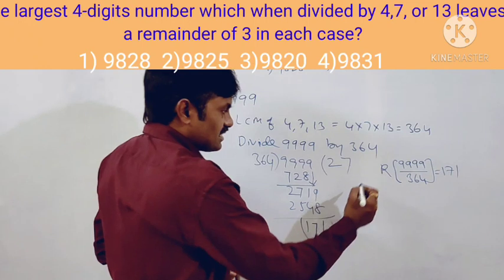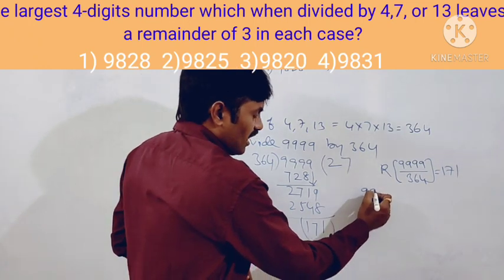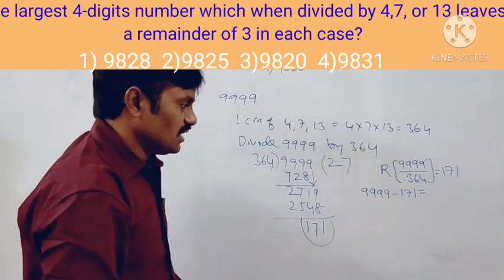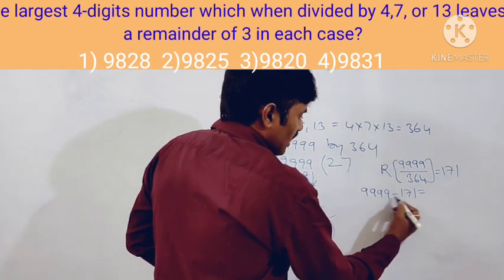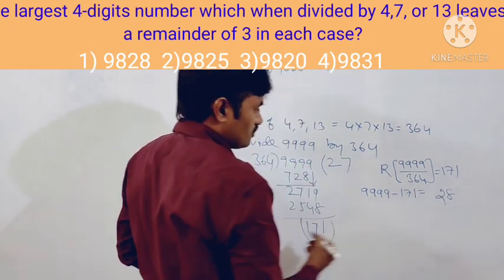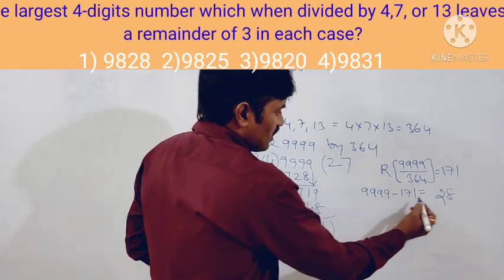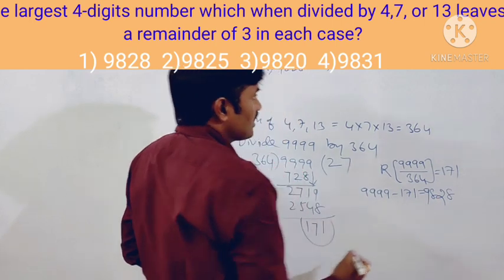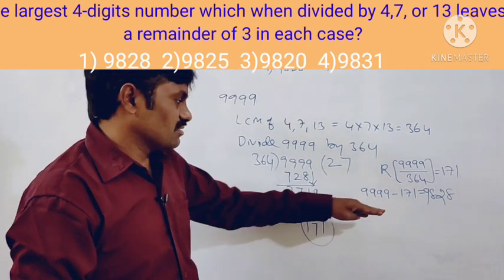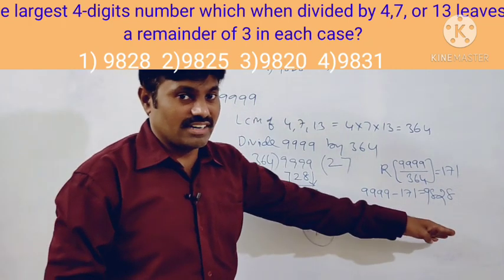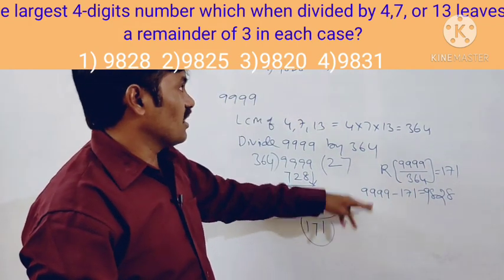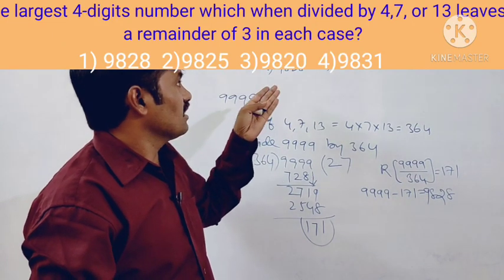Now subtract it. 9999 minus 171 is how much? 9 minus 1 is 8, 9 minus 7 is 2, so 9828. The first option itself shows 9828, but it is not the answer.